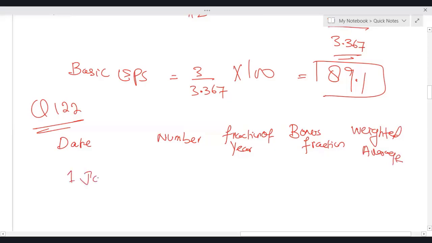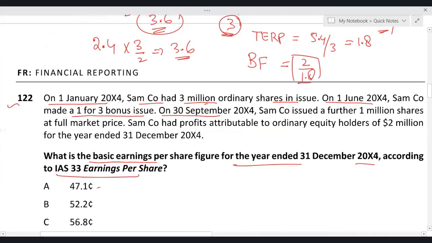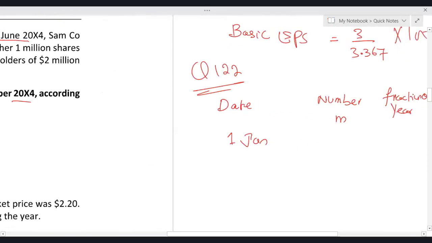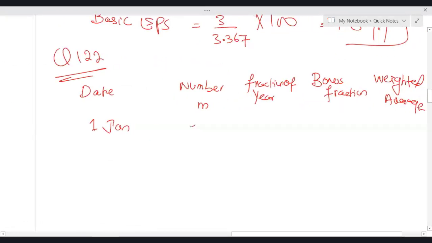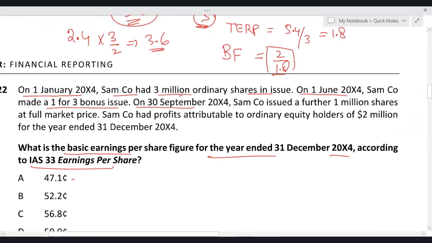First January. Let's say I'm working in million, if the data is in million. On 1st January X4, Sam company had 3 million ordinary shares. 3 million.